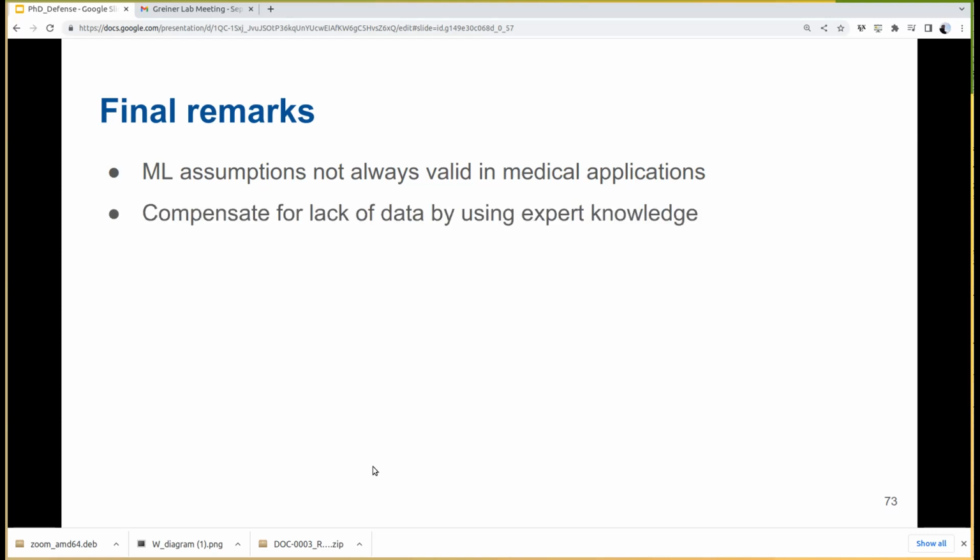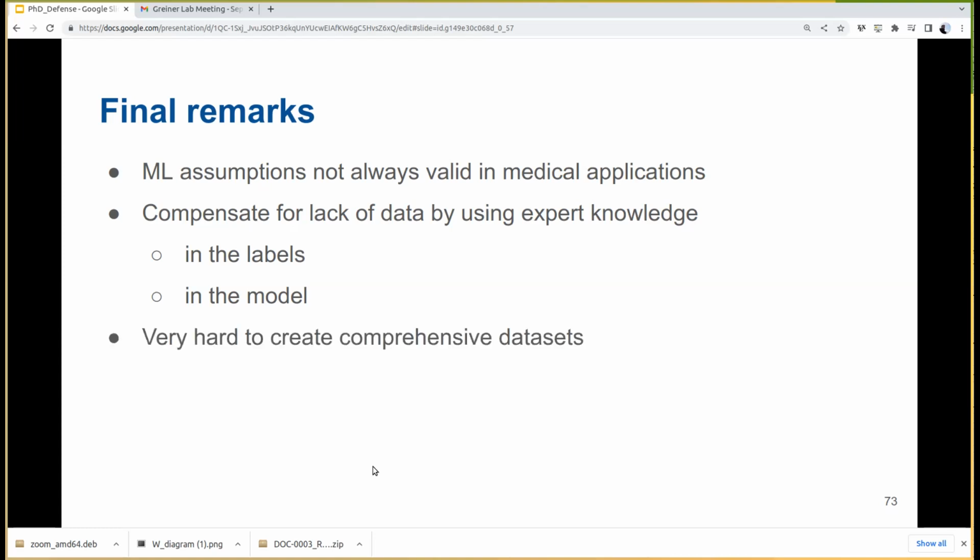So we can compensate for this lack of data by using expert knowledge. And here we presented two ideas. One is to incorporate this knowledge in the form of probabilistic labels, or to incorporate this knowledge directly into the model. The idea is that the model doesn't have to learn everything from scratch now, because we are giving very strong priors and additional information.